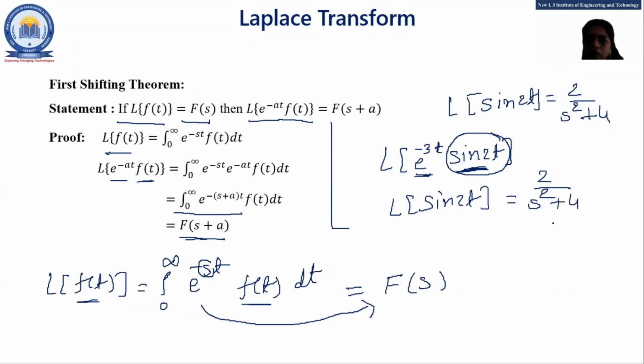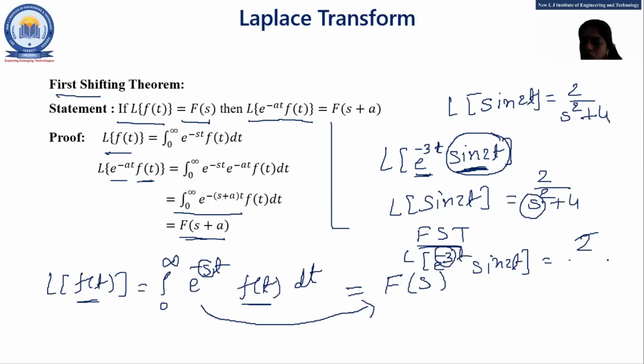Then you have to apply the first shifting theorem, FST. Laplace of e raised to minus 3t sine 2t is, you have to just replace your s by s plus 3. So your answer is 2 upon s plus 3 whole square plus 4. Okay. And after simplification, your final answer is 2 upon s square plus 6s plus 9 plus 4, that is 2 upon s square plus 6s plus 13.